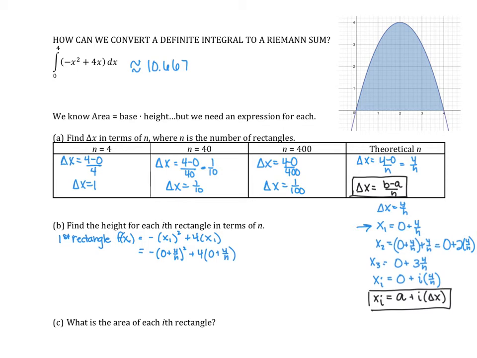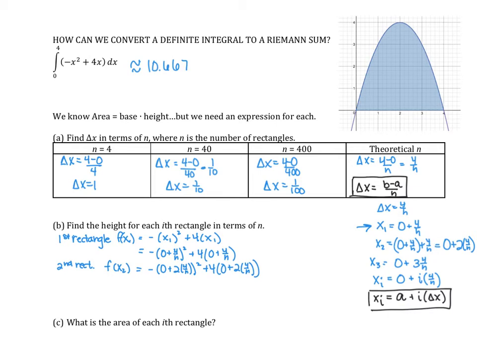Well, I could keep going. And if I looked at my second rectangle, which would be f of x sub 2, plugging that in, I would get the opposite of, well, we said x sub 2 was 0 plus 2 times 4 over n. I think you can probably guess where this is going.